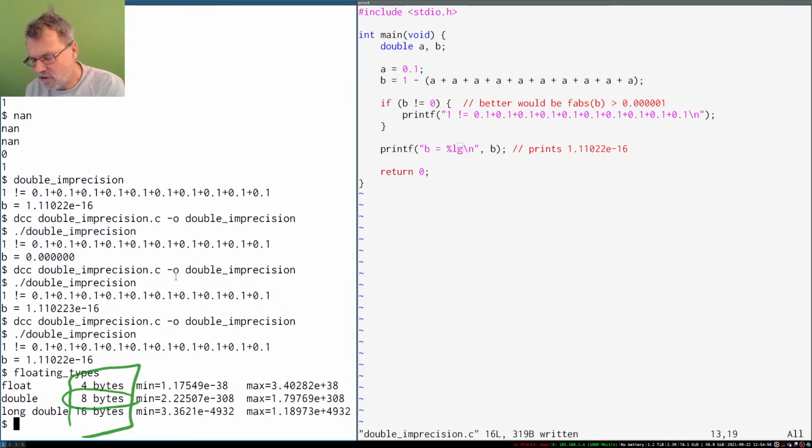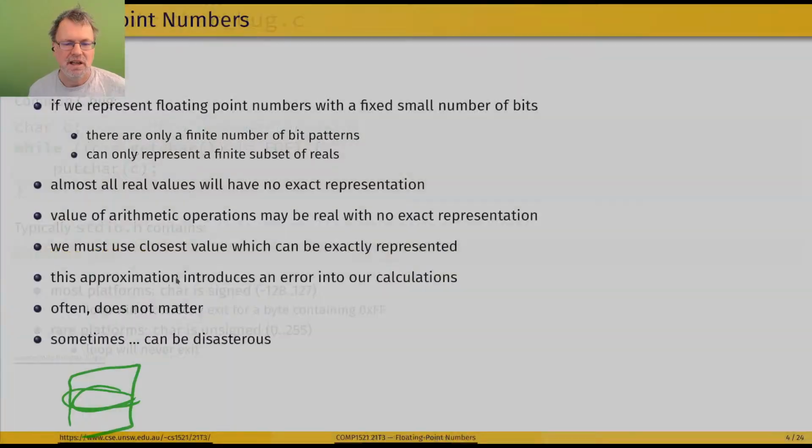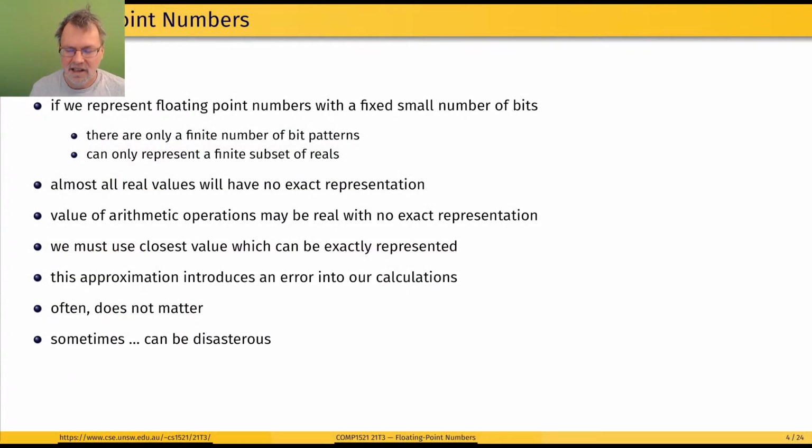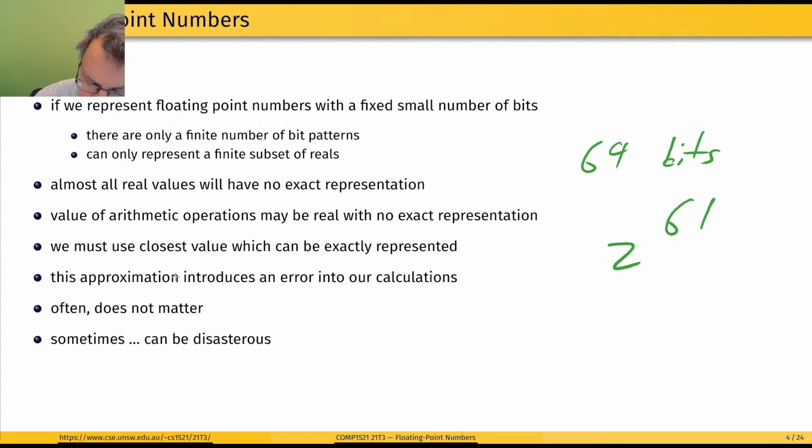If you want to do fast computations implemented in silicon, we've got to go to types with a fixed number of bits in their representation. So we're saying I'm going to use 8 bytes, or 64 bits. That's a lot of patterns, actually. That's 2 to the 64 patterns.